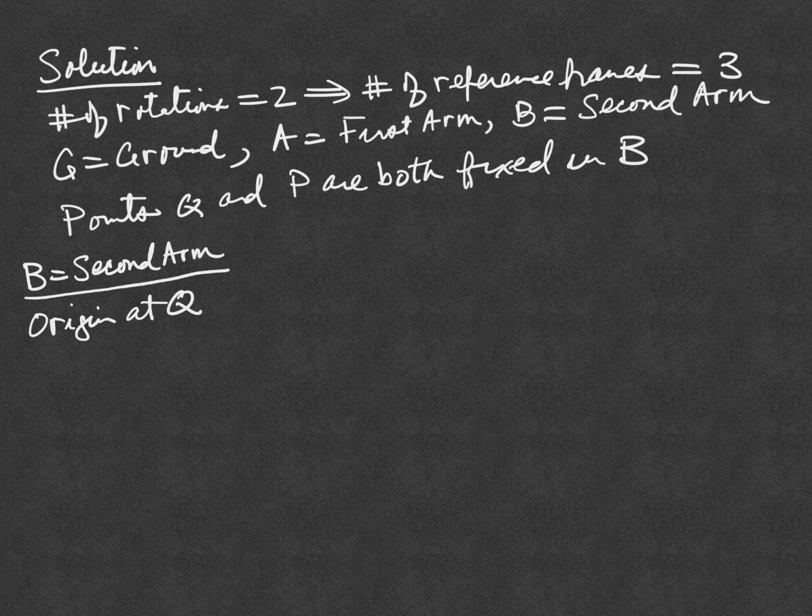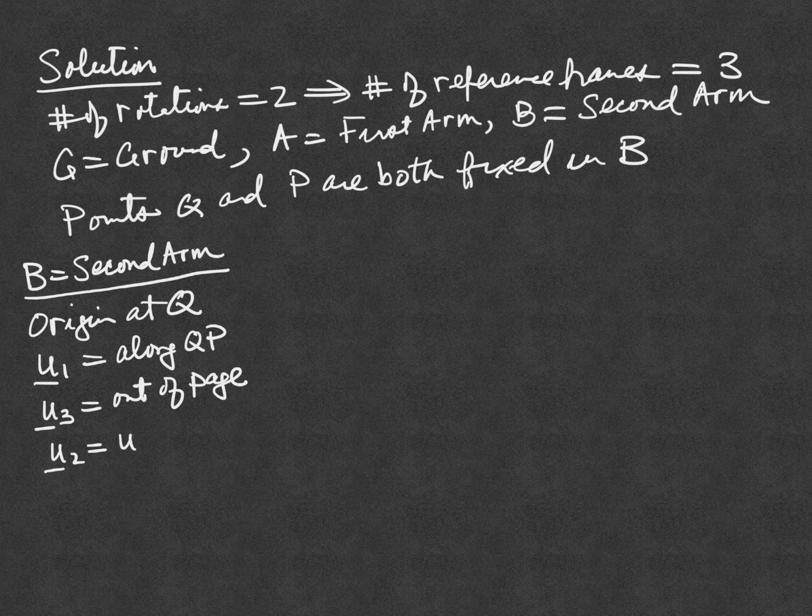Then U1 is going to be along QP, and U3 is going to be out of the page, and then U2 is equal to U3 crossed with U1. So that's the second arm.